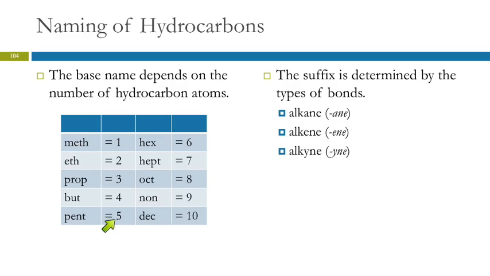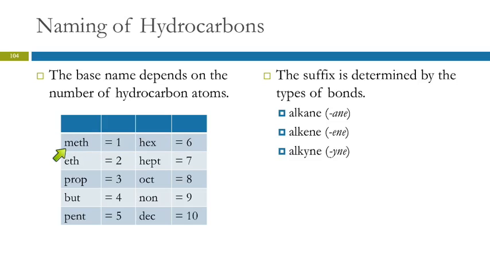So let's skip to number 5, pent. That's like the prefix penta that we used in other nomenclature. Hexa, hepta, octa, nona, deca. Those are all the same, just without the A's. The first 4, I don't know why. It just is, and we have to deal with it.